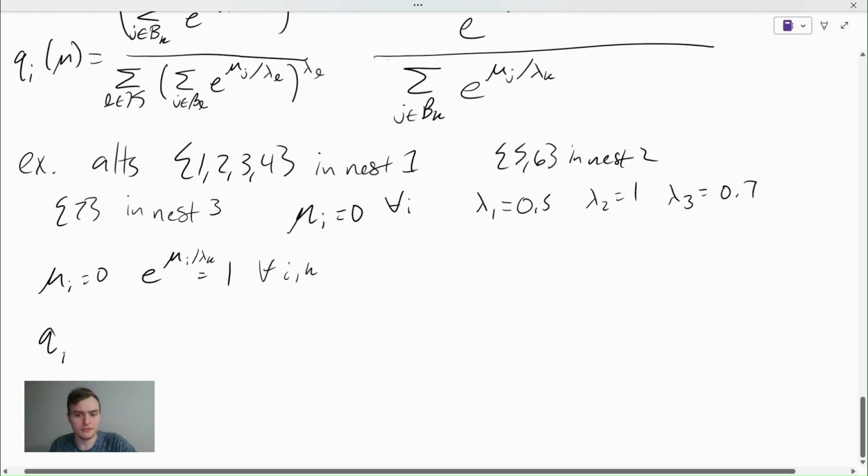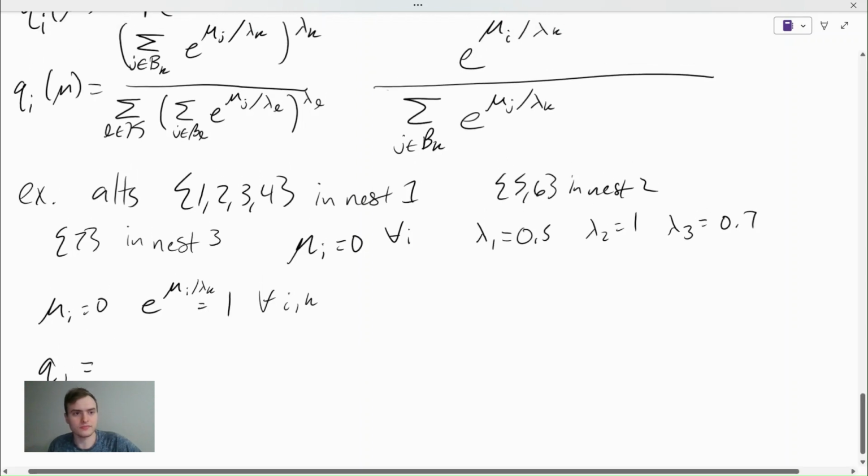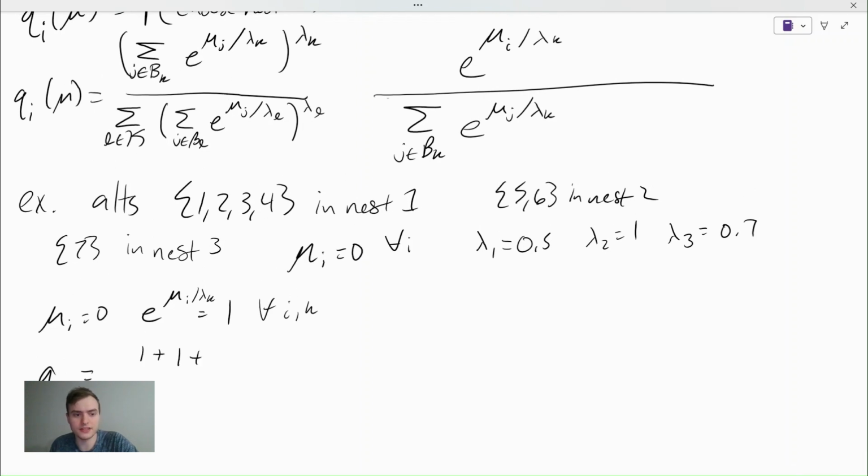So Q I, again, let's substitute in a specific I. Let's find Q1, and our specific mu is given to be 0, right? So Q1 equals the summation of the alternatives in nest 1. So we have 4 alternatives, 1 plus 1 plus 1 plus 1. Each one has 1.